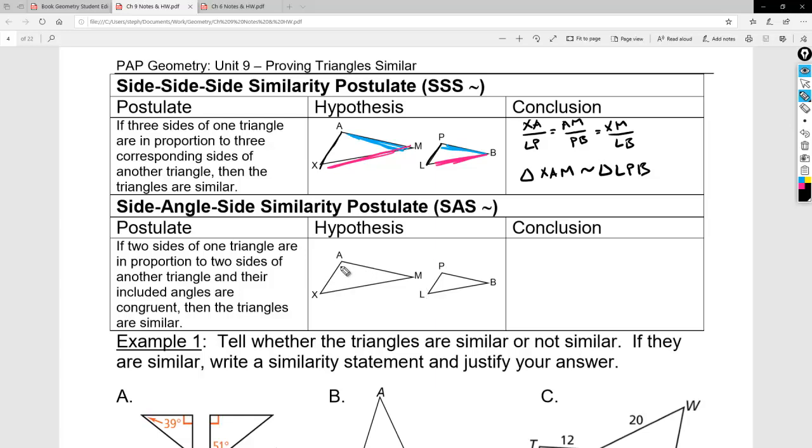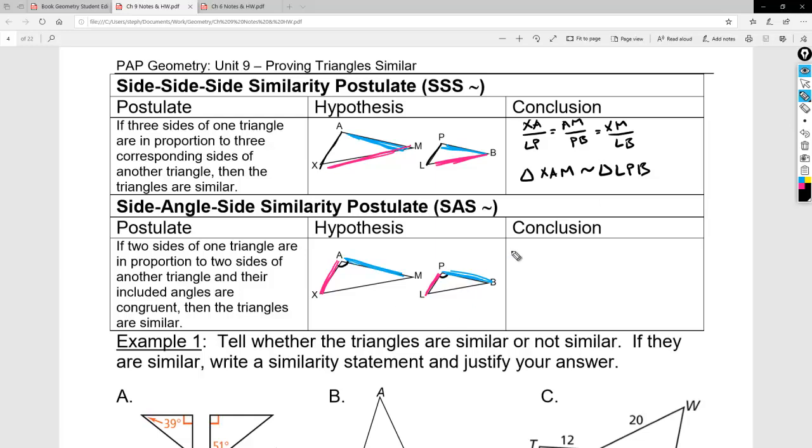So in this case, let's say angle A and angle P are congruent. Let's say XA and LP are in ratio, and then let's say AM and PB also are in ratio, so we can form a proportion.